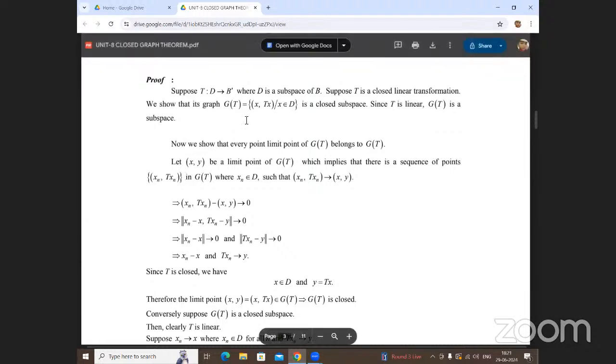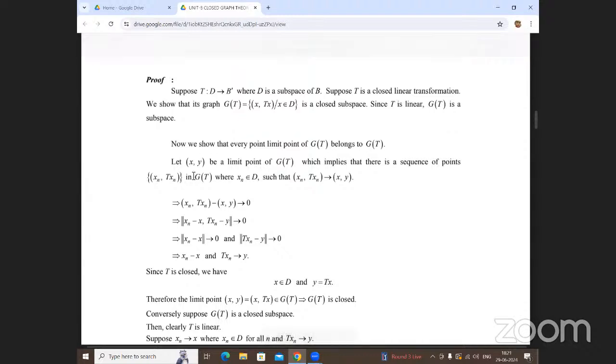So xn and Txn belong to G of T, replacing x by xn. Here xn belongs to capital D, which is a subspace. So xn converges to x, and Txn converges to y. So this is the graph.